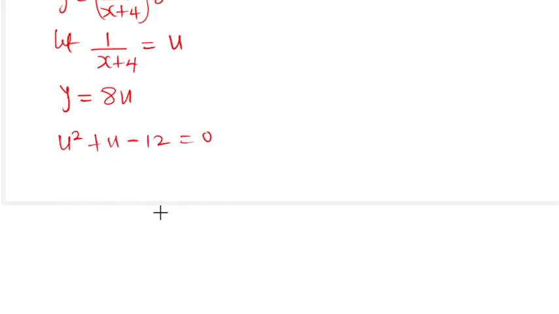So let's factor this. This is negative 12. Negative 3 times 4 is negative 12, and negative 3 plus 4 is 1. So these two factors will work.